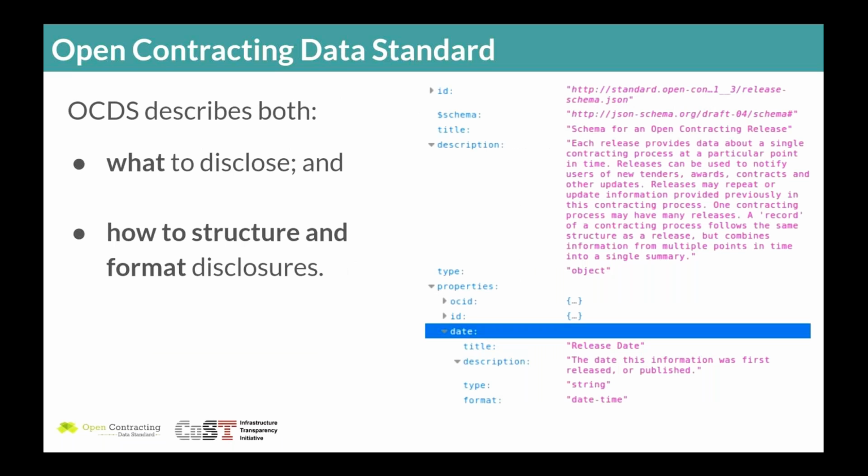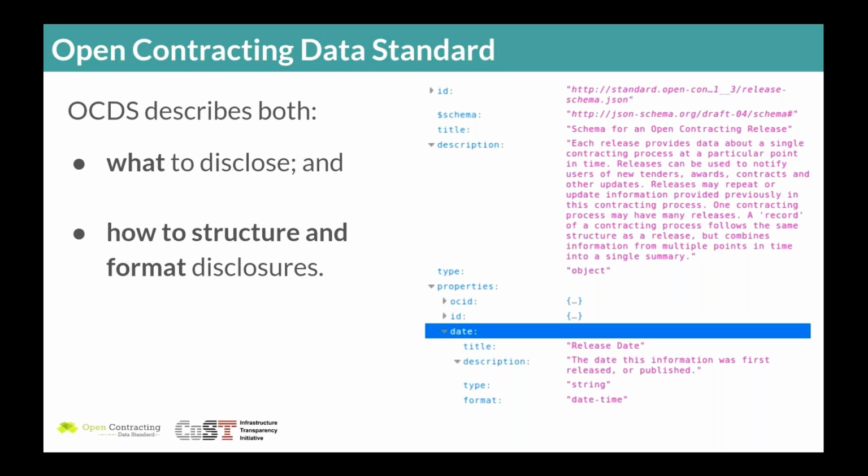And OCDS is a true data standard because it both says what information you should publish, but also how specifically you structure and format that data.